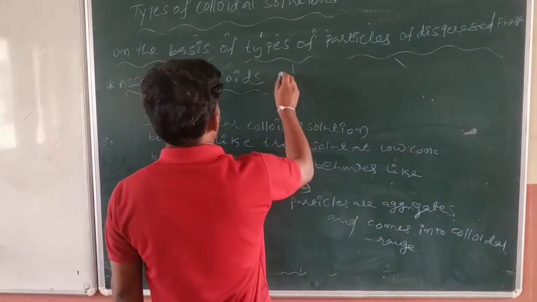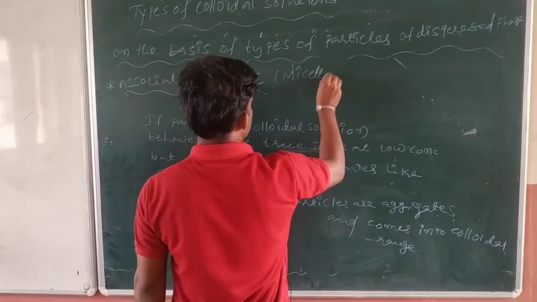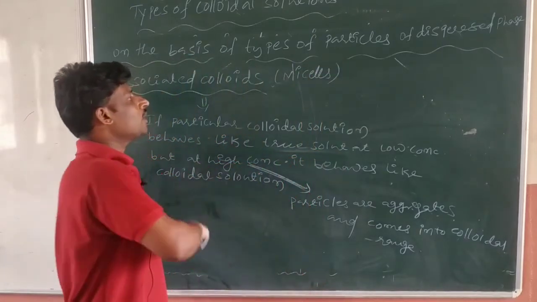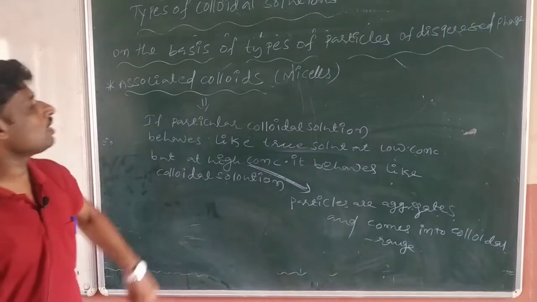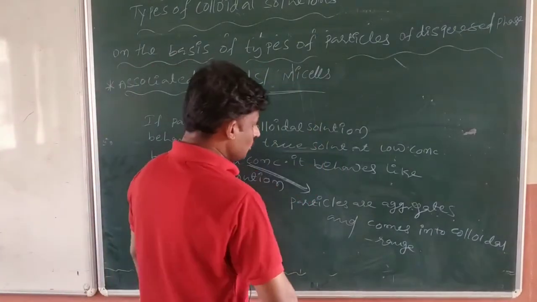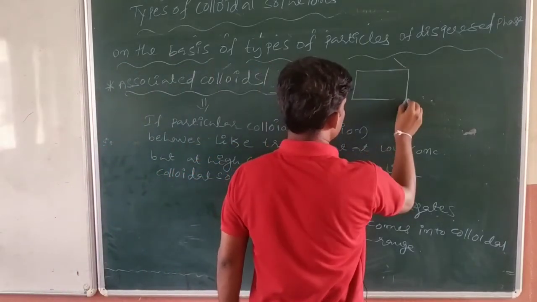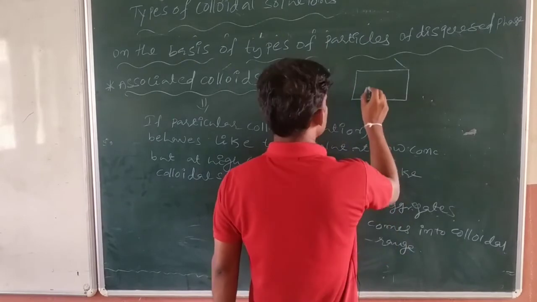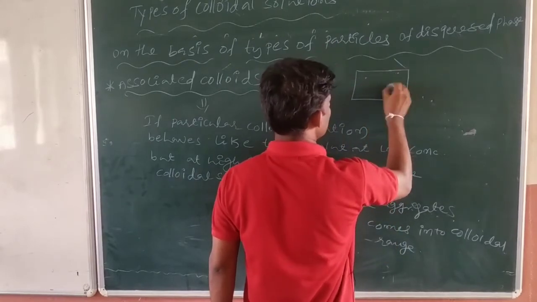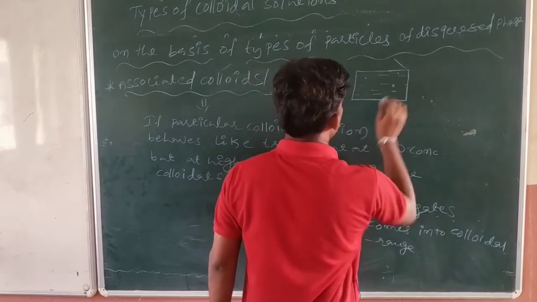These are micelles. Are you getting my point? Associated colloids or micelles. This is very, very important. Suppose I am taking a solution where the dispersed phase particles are very few.